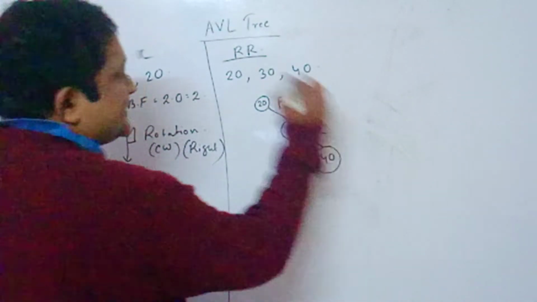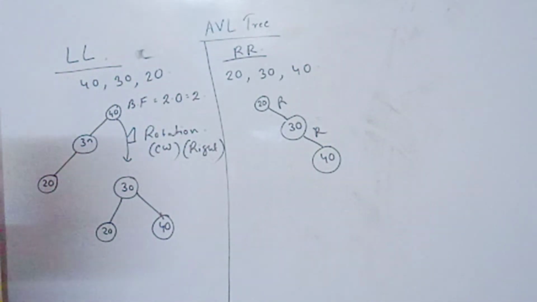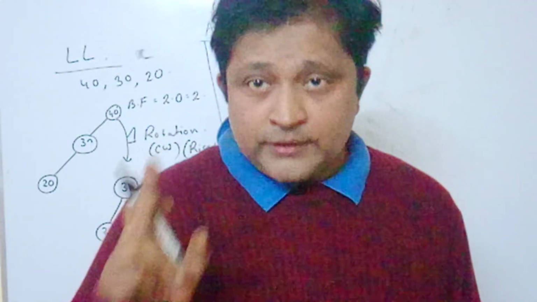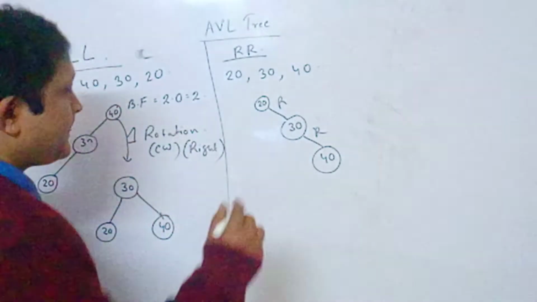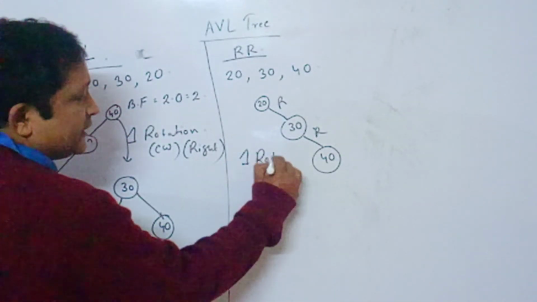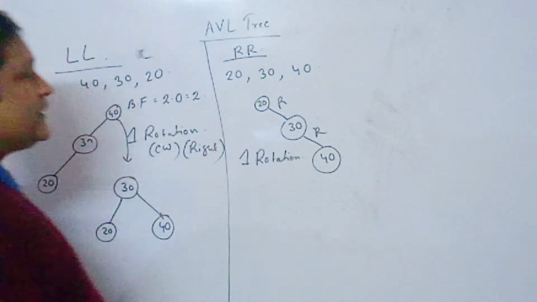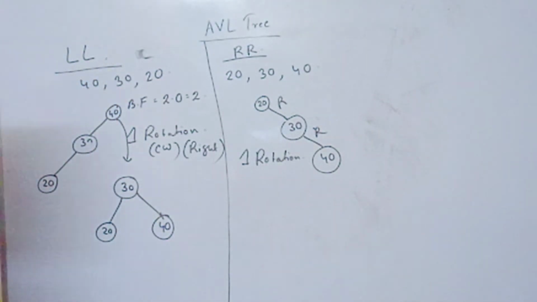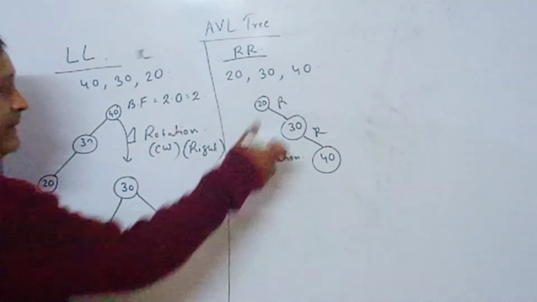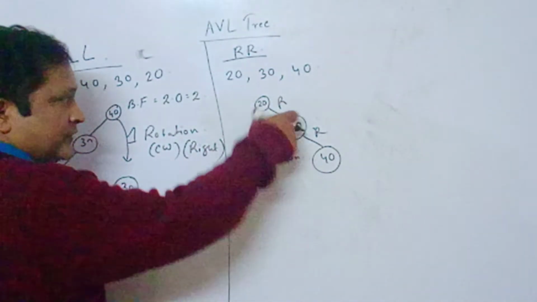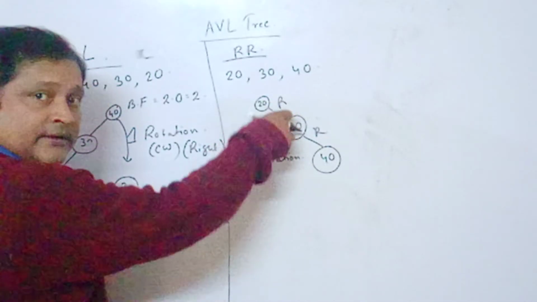For right imbalance, only one rotation is required, and that is an anti-clockwise rotation. What is anti-clockwise rotation? Keeping 30 fixed, like a compass, we rotate the first node anti-clockwise.